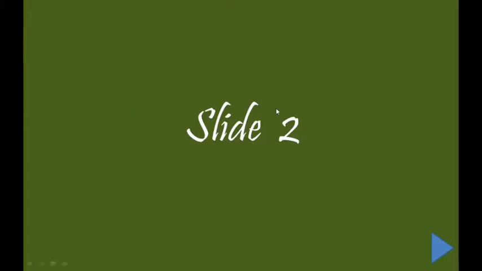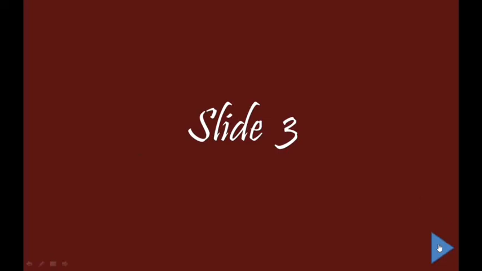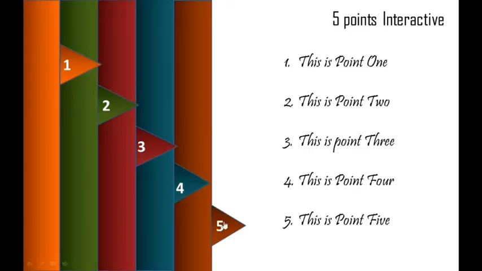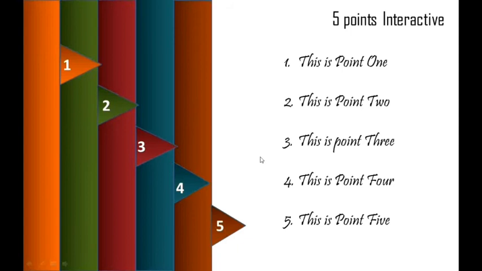I'll click, I am at point 2. Again I wanted to go back, click here, I will be back to my main page. Third one, click here, back to main page. Fourth one, slide 4, back to main page. Click on the fifth page as well, and I'll click here, so I will be back to my main page as well. So this is the way that we have arranged all these slides.